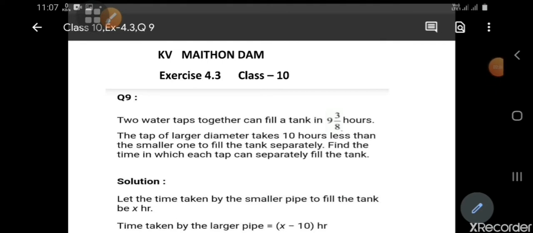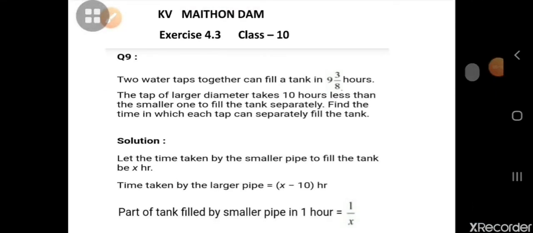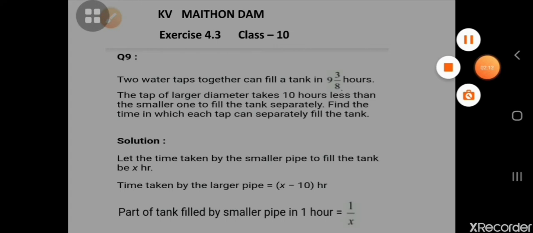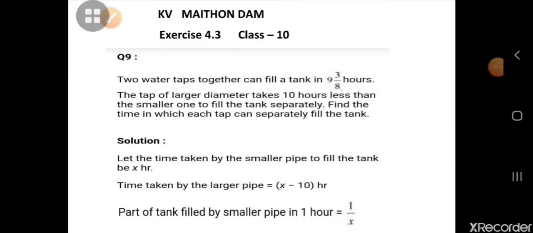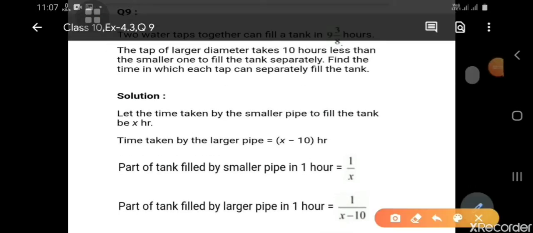Now see here, let the time taken by the smaller pipe to fill the tank be x hours.